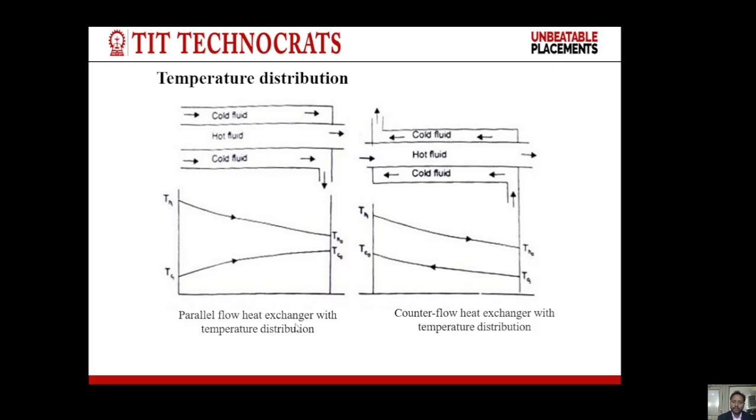This is for the parallel flow heat exchanger, and this is for the counter flow heat exchanger. Here we can see a temperature drop of the hot fluid and a temperature rise in the cold fluid. Here also there is a temperature drop in the hot fluid and a temperature rise in the cold fluid, but the temperature profile for parallel and counter flow is different.